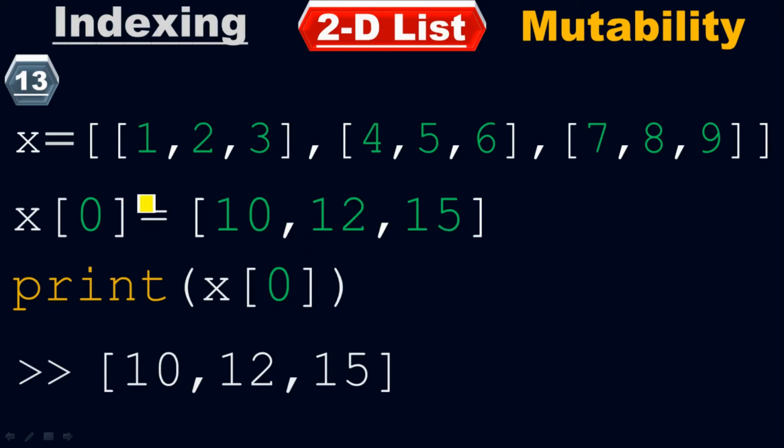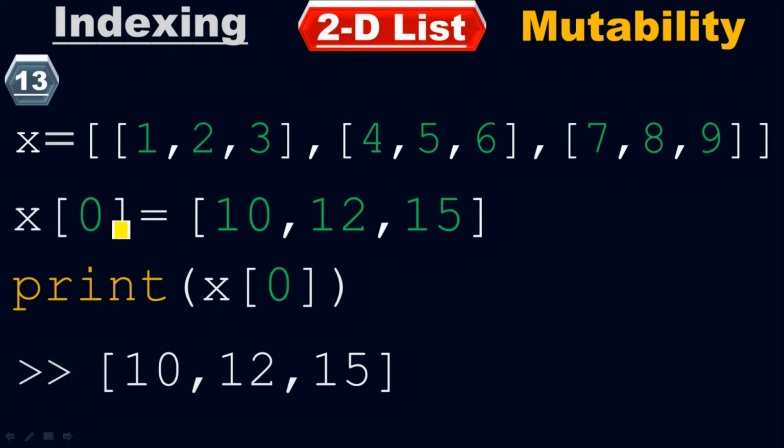Look, in the previous examples, we were putting the second index number here, like x of 0 of 2. So the second index number means to access the sub-item, the sub-element inside this list. But if you take only one index number, the first index number, it means that we are referring to this whole item from here up to here, not the sub-individual item.